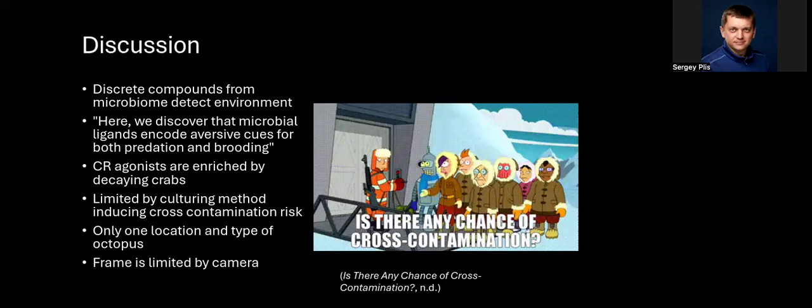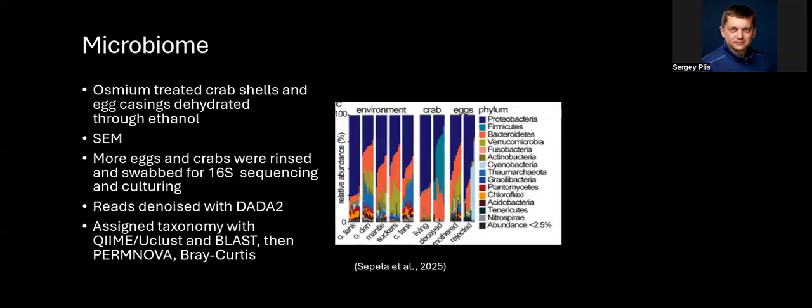As I went over in my previous slide, cross-contamination can happen, and there are very subtle differences between huge differences in species or even kingdoms, whether it's archaea or bacteria. And if I go back to the slide here, I'll go back to it.